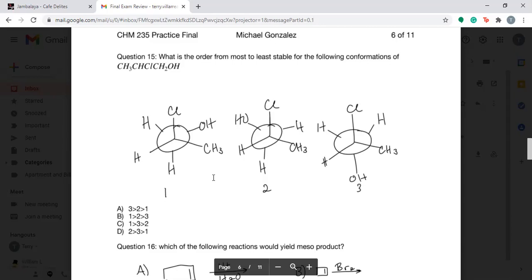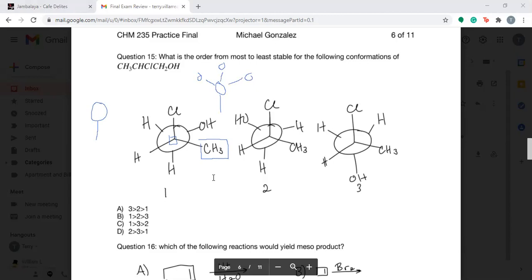So on your front carbon, what is your biggest substituent? Chlorine, hydrogen, or CH3? Nope, CH3. The reason why CH3, and this is a common error, is that chlorine is a big atom, but don't forget, carbon, even though it's smaller, still has hydrogens coming off, so its actual volume is going to be larger.